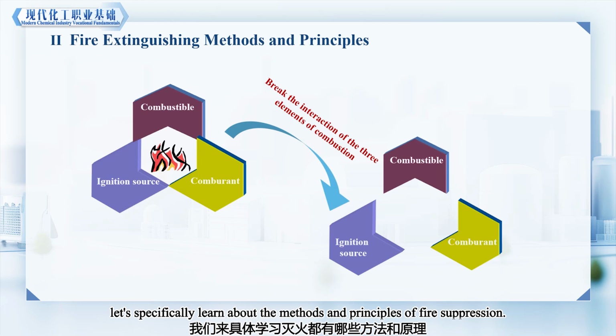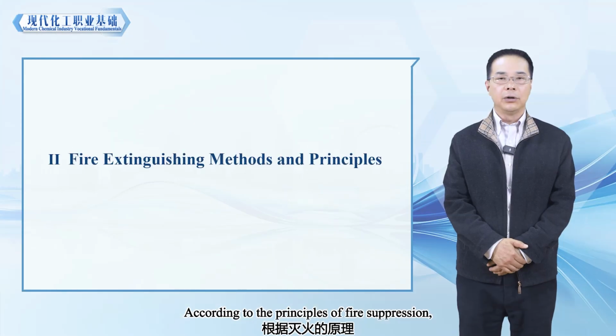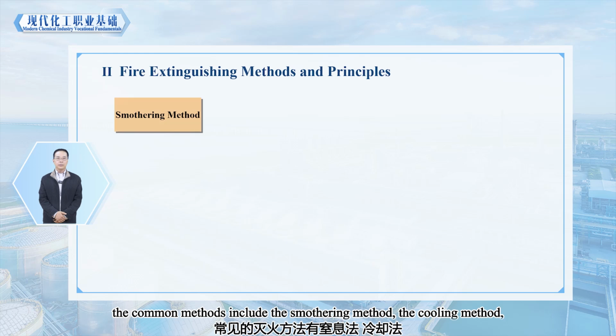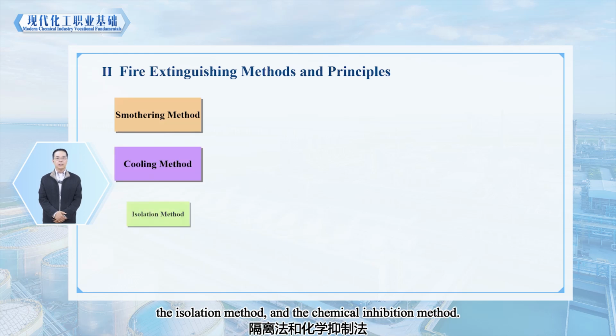Next, let's specifically learn about the methods and principles of fire suppression. According to the principles of fire suppression, the common methods include the smothering method, the cooling method, the isolation method, and the chemical inhibition method.